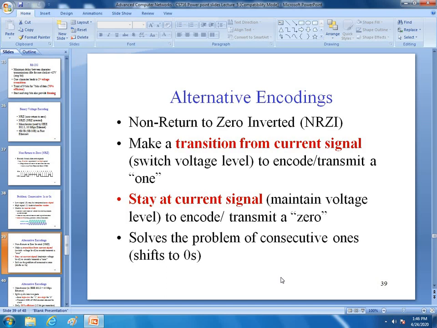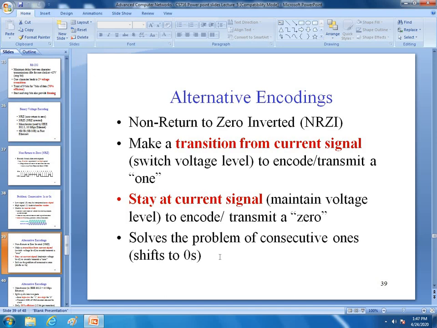In this particular scheme, you make a transition from the current signal, switching the voltage level, to encode the transmission of a 1. So you always make a transition at 1 and stay at the current signal, or maintain the level, at 0. So we can solve the problem of consecutive 1s.